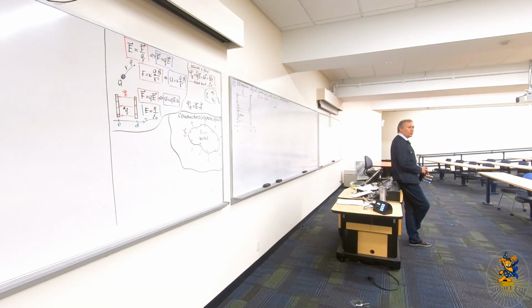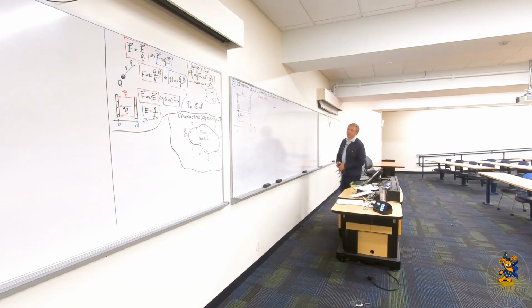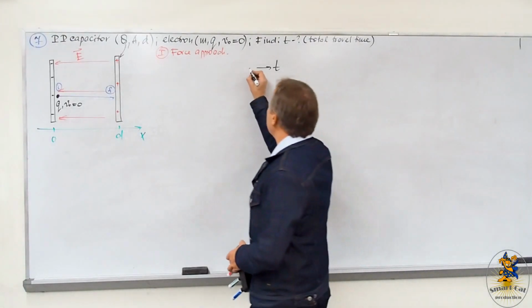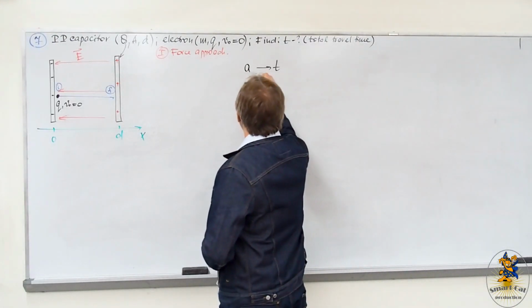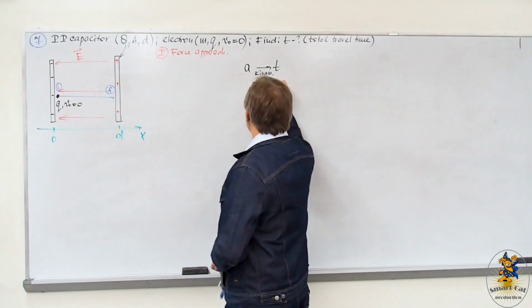Usually kinematic equations. Right? And the essential part of the kinematic equation is an acceleration. So in this case, we will have to find acceleration and then use one of the kinematic equations.